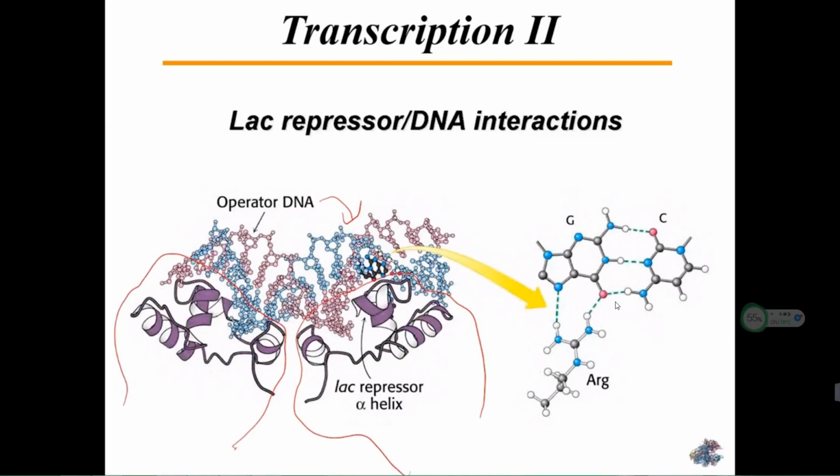Another recurring theme is that they will bind through an axis of symmetry, as we'll see in a couple of slides. So we have an axis of symmetry for the binding to take place. The key thing I want you to note is that the interactions between the repressor and the operator DNA region are carried out by this recognition helix.